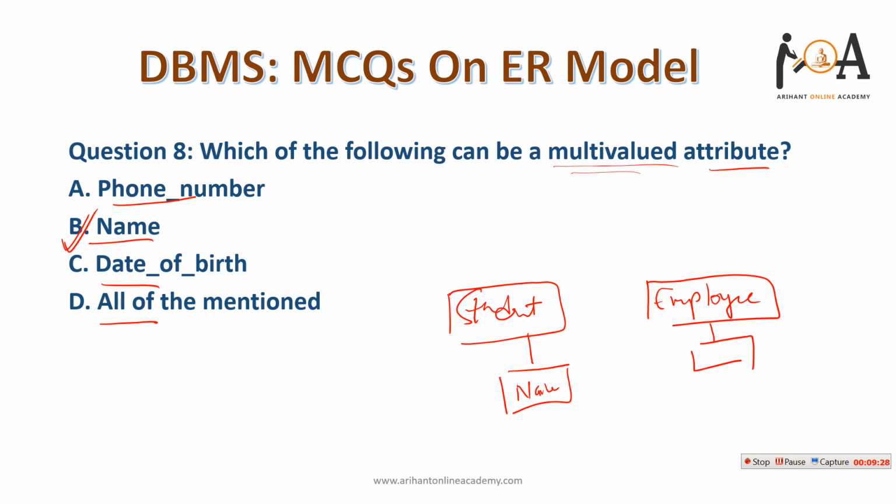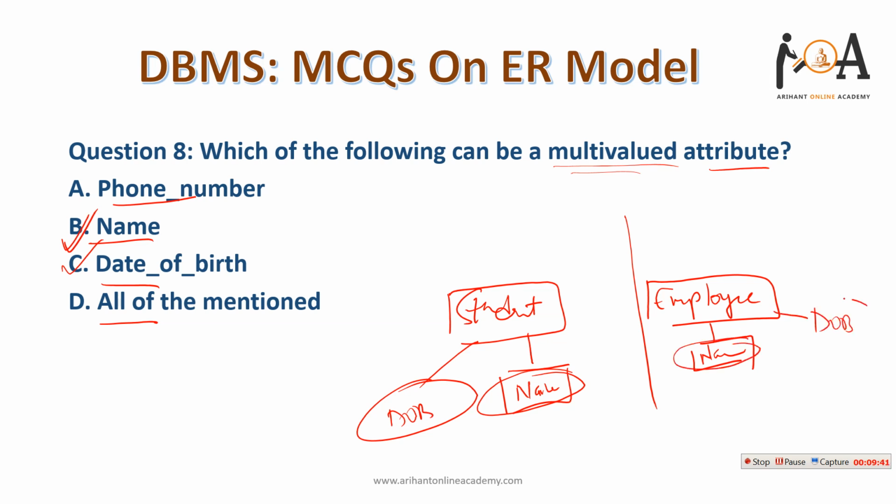So in that card, name would be unique and employee's name will always be unique. We can take any example. Date of birth will also be unique, isn't it? Date of birth will also be unique for any employee and any person.